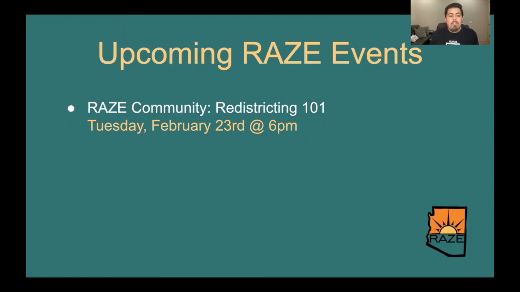So we're going to talk about redistricting and gerrymandering and all that goes into redistricting. So make sure you join that. Again, that's February 23rd at 6 p.m. We will be emailing you information as that event comes closer. So be on the lookout in your emails for a sign up link for that event.